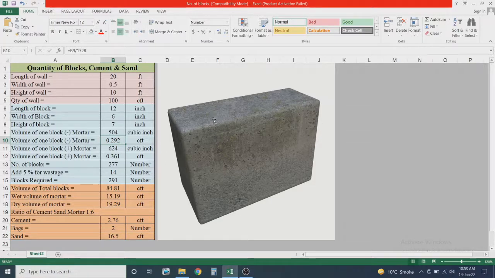Similarly, 0.5 inch on top and 0.5 inch below the base of the block, while the width of the block remains constant. If you see the formula over here, I have added 1 inch to the length of the block and 1 inch to the height of the block. The width of the block remains constant. So this gives me a volume of one block with mortar of 624 cubic inches. When I convert this into cubic feet, it becomes 0.361 CFT.